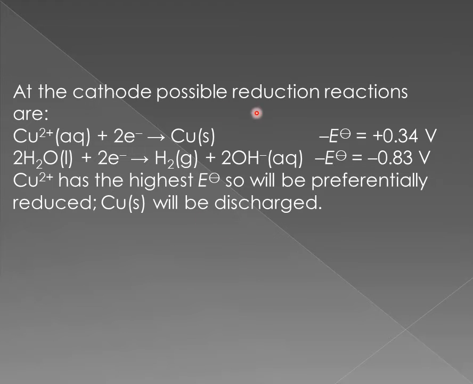At the cathode, the possible reduction reaction is copper 2 plus plus 2 electrons to give copper metal, and of course the standard electrode potential of copper is higher than the standard electrode potential of reduction of water, so only copper will be reduced at the cathode.